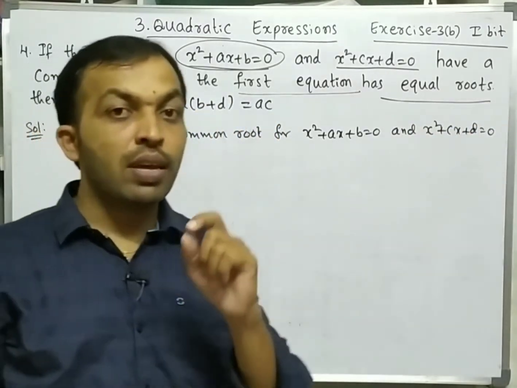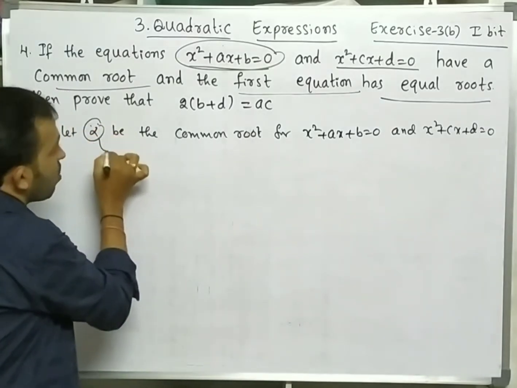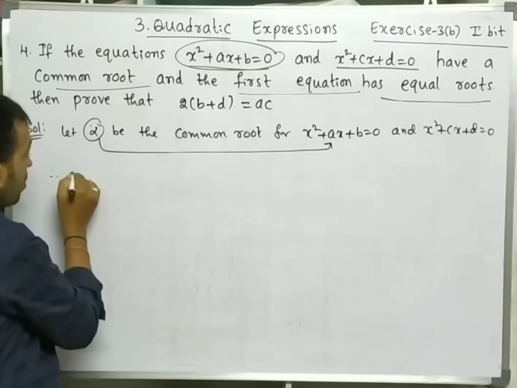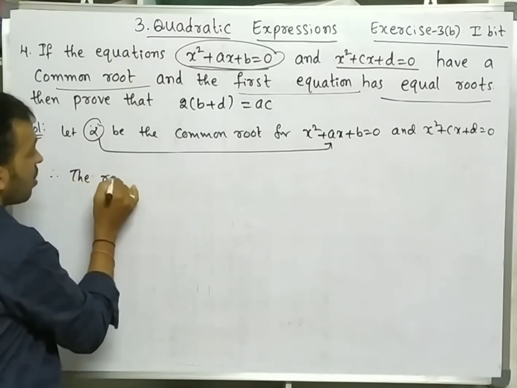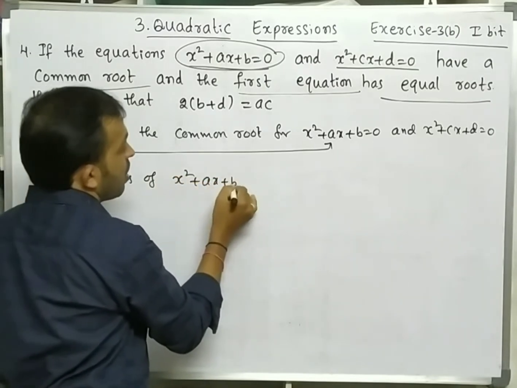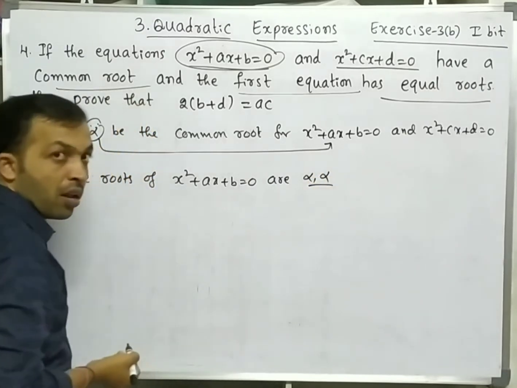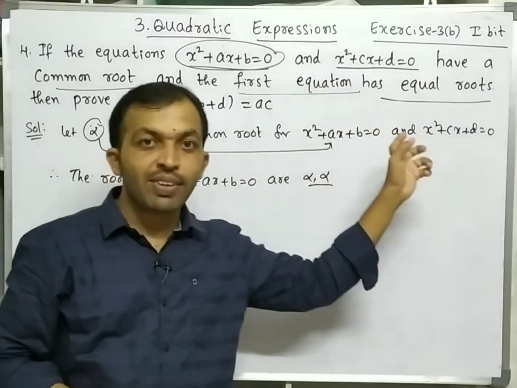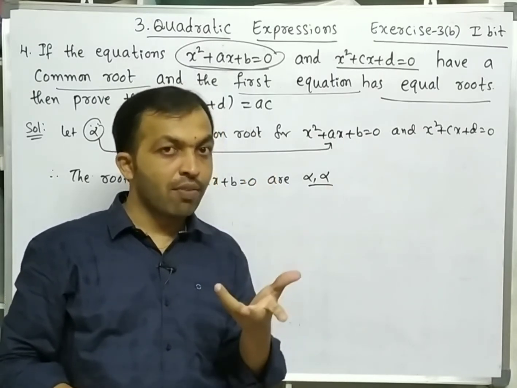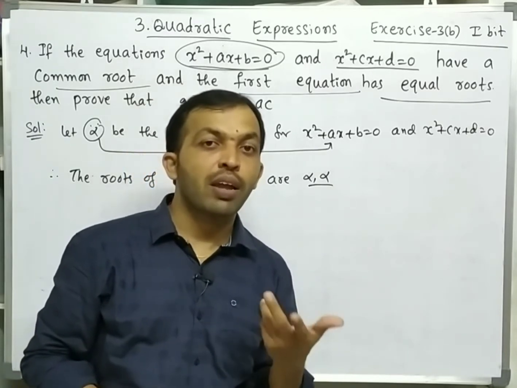Already alpha is a root of the first equation, so the roots of x square plus ax plus b is equal to 0 are equal roots, alpha comma alpha. One root is alpha, then automatically the other root is also alpha, because they are equal.